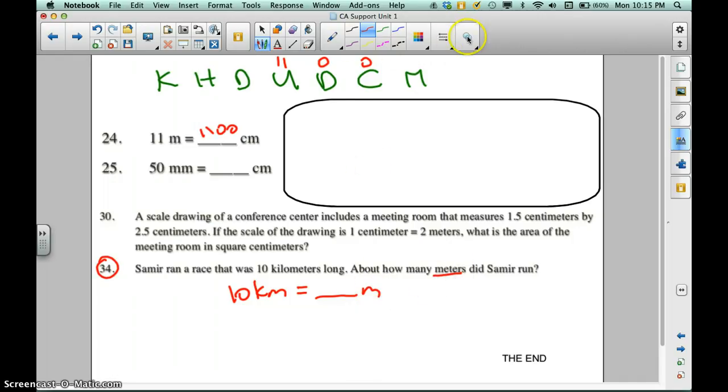And so we're going to do the same thing. We're going to use our mnemonic up here. 10 kilometers, 10 is going in the K column. Meters, plain meters, no prefix, that is where I want to end up. So I'm going to fill in with zeros. And I have that 10 kilometers is 10,000 meters.